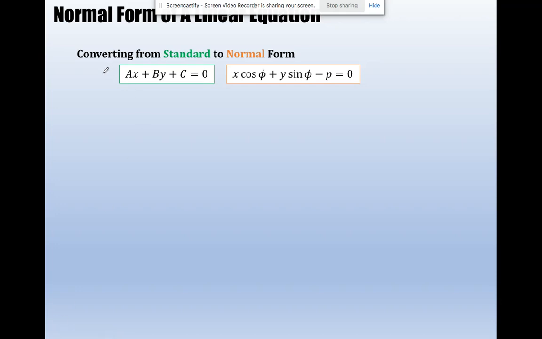Now, what if I want you to convert from standard to normal? So I give you mx plus b and you put it into standard, or I give you point slope and you convert it into standard. From standard form, how do you get to normal?